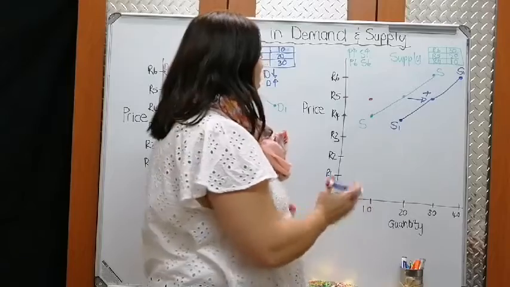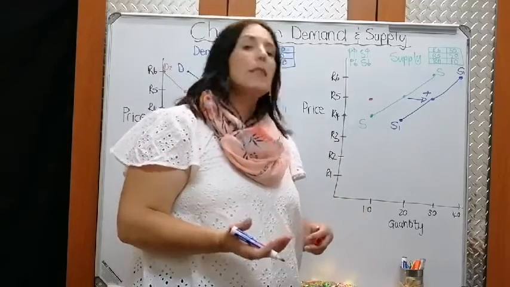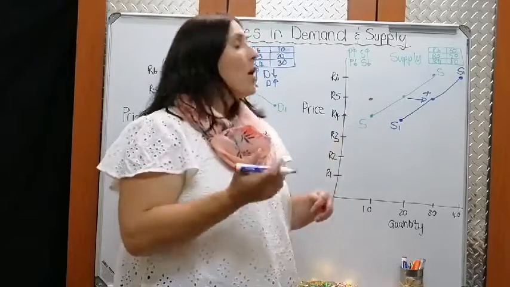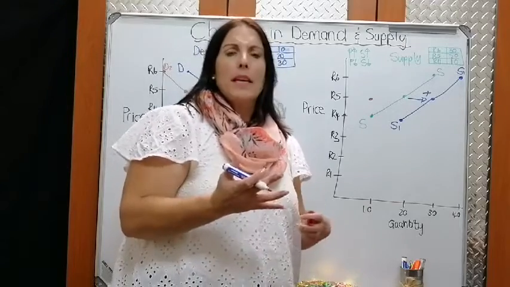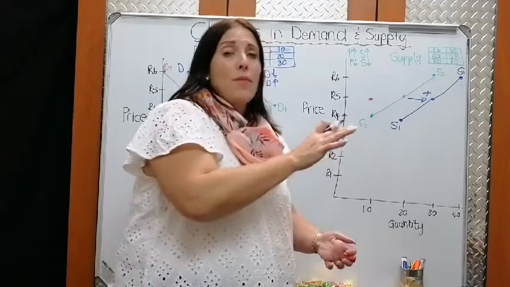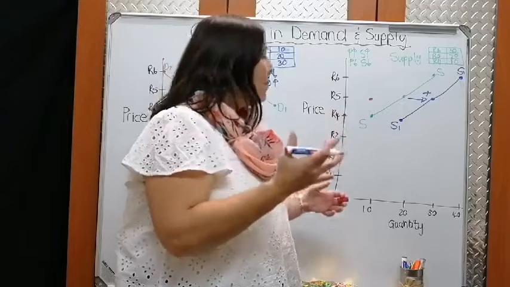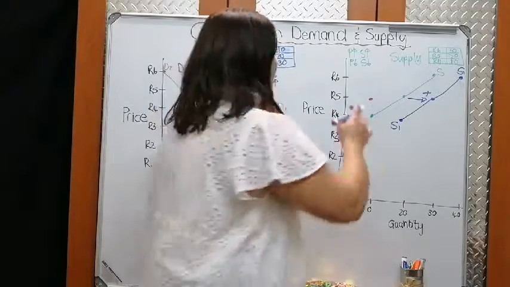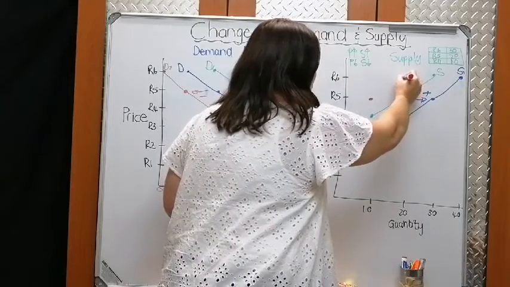Last scenario, if it's R6, if a packet of chips is R6 in the market, previously in my original curve, I was prepared to supply 30 packets of chips to the market because I was making quite a nice amount of profit. But now, as a result of the increase in my cost of raw materials, I will only be prepared to supply 20 packets of chips at R6. So can you see R6, 20 units, more or less there.